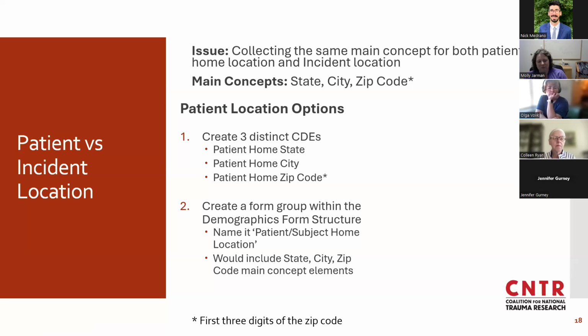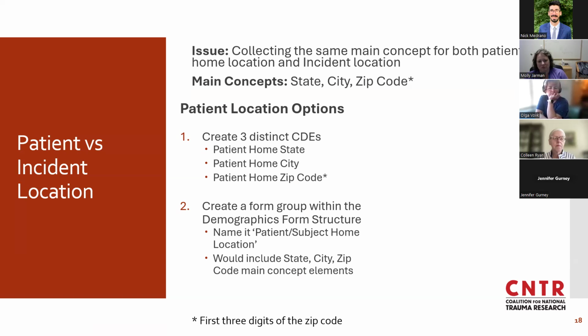That's what it'll say at the top of the form group. Underneath that group, there will be the main concepts, and the context will be added from the naming of the group. But when it comes to the CDEs that are actually created, there will just be the main concepts.